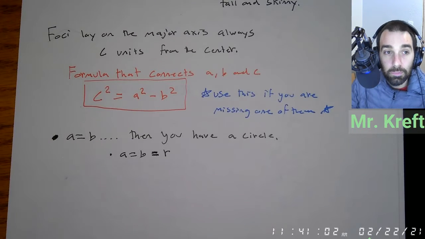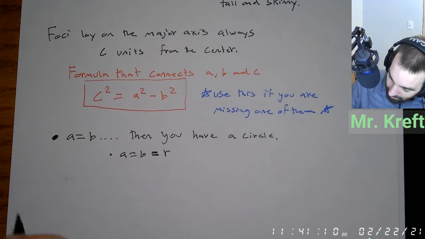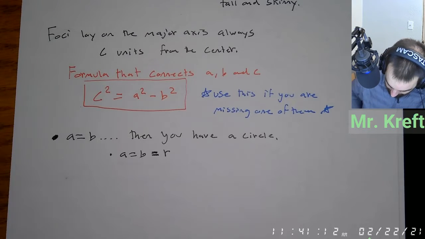Okay. So that's something that you should also know, right? So if your major and your minor axes are the same, then that's your radius. That's your r. Okay. All right. That's all I want to do.